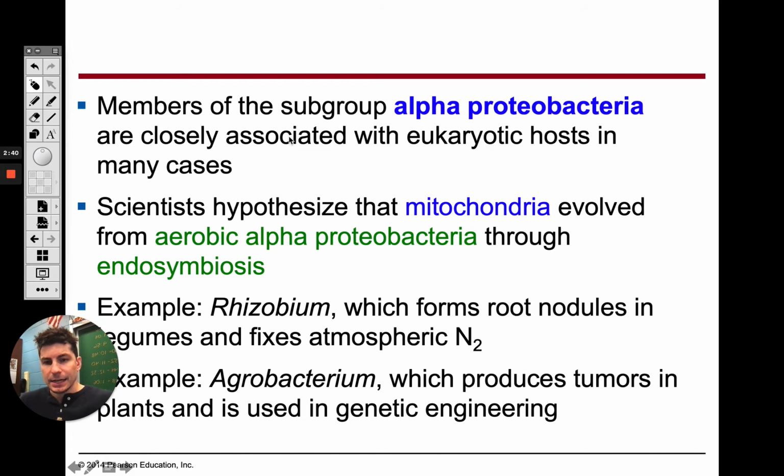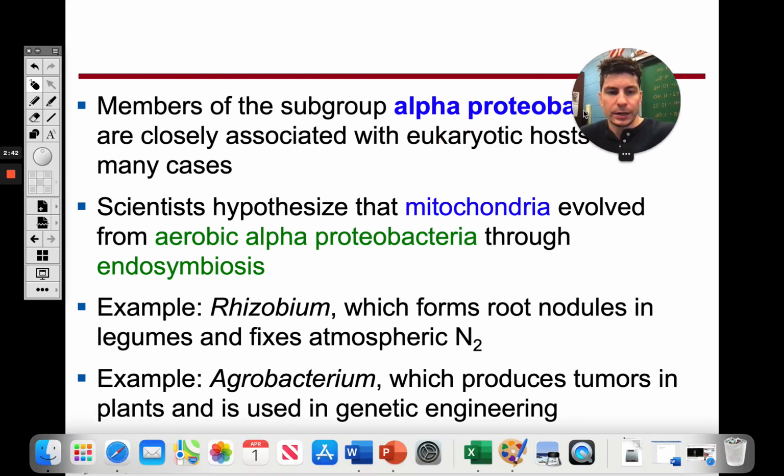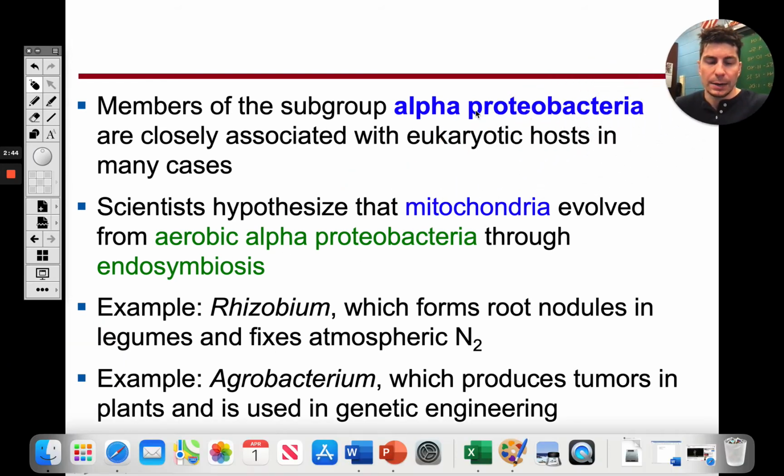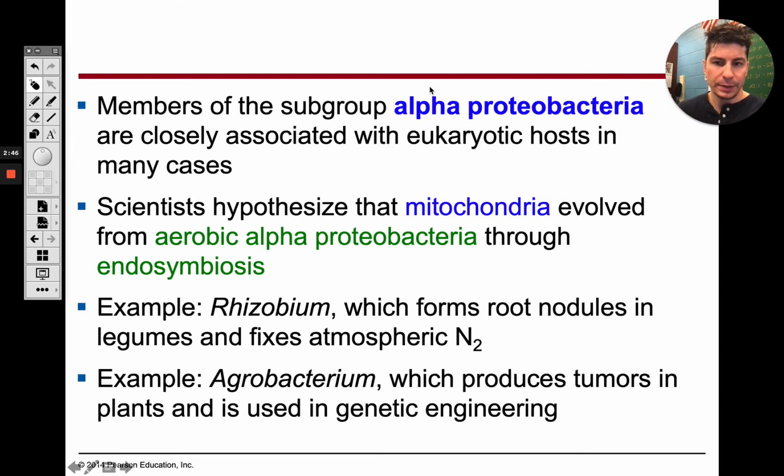So in this slide, guys, I talk about the mitochondria. I'm not going to focus too much on alpha proteobacteria, but I do want to talk about the mitochondria. The current hypothesis is that the mitochondria rely on horizontal gene transfer for the movement of their genes.